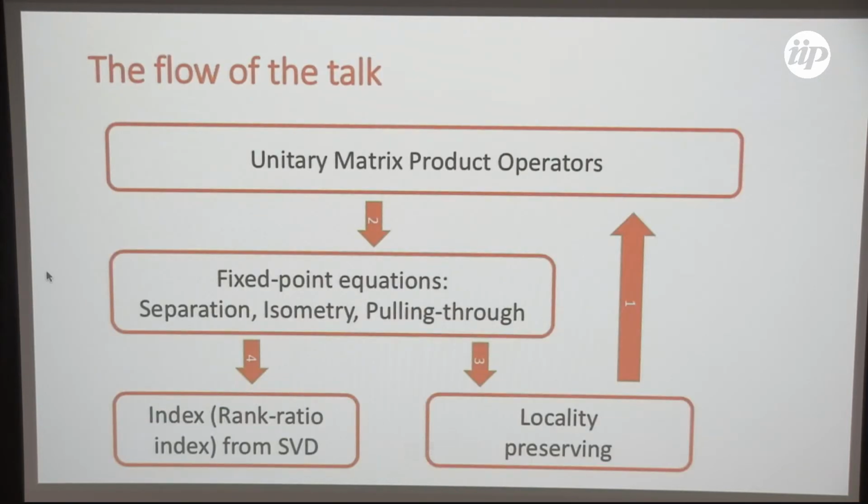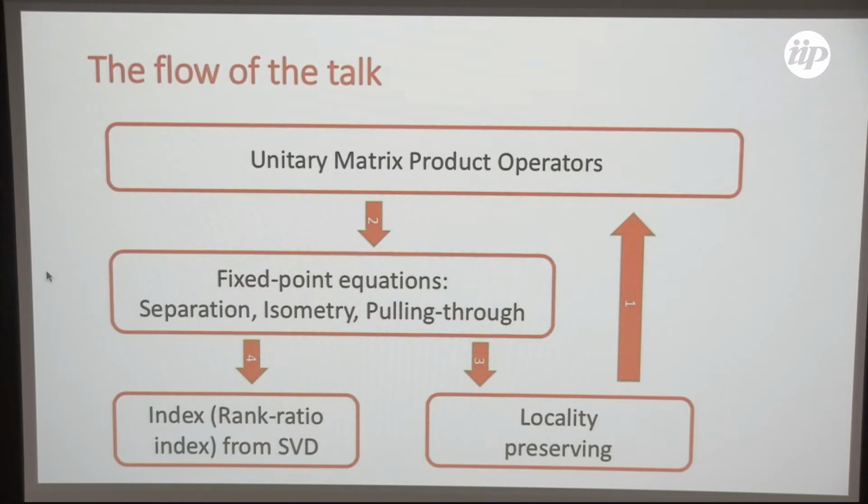Right. I hope everyone is motivated enough at this point to study unitary matrix product operators. And this is the flow of the talk. So first we will go back in time and then we'll go forward. We will first show that locality preserving unitaries can be expressed as finite bond dimension matrix product unitary operators.